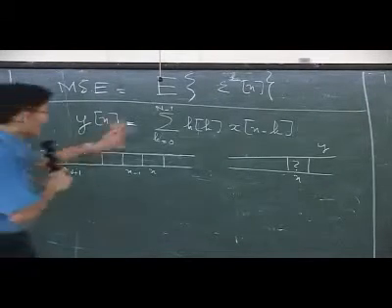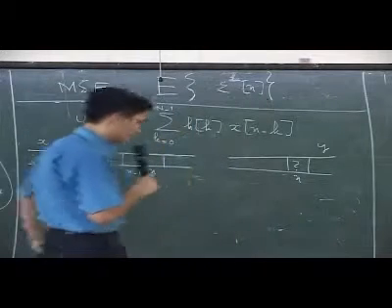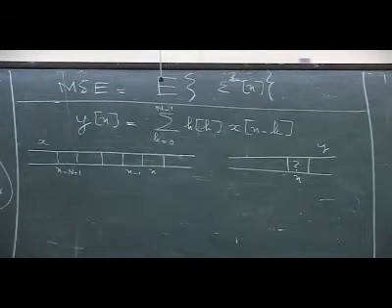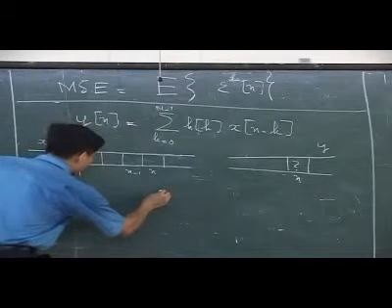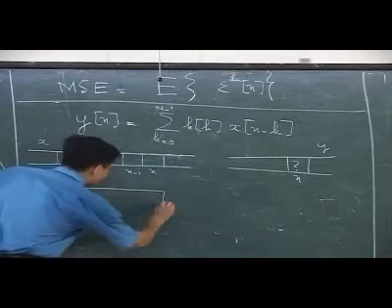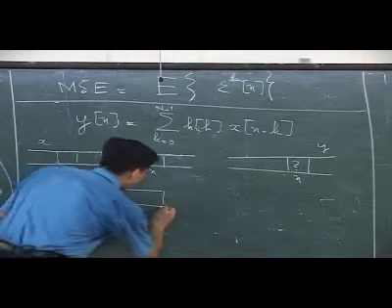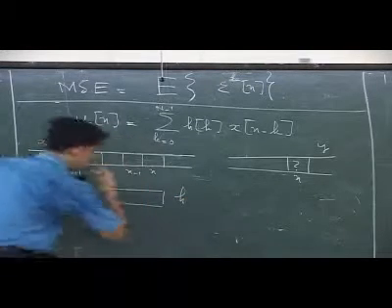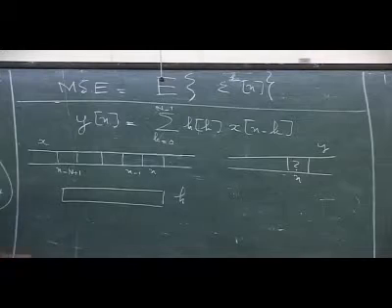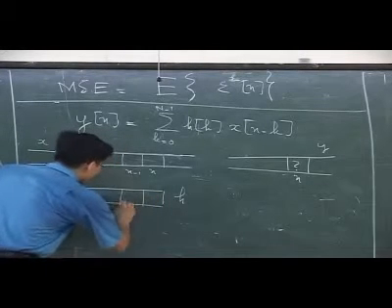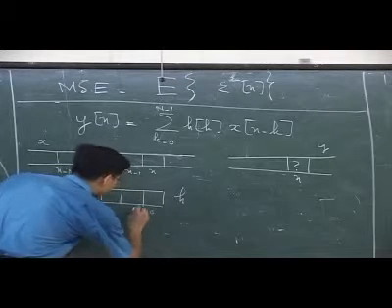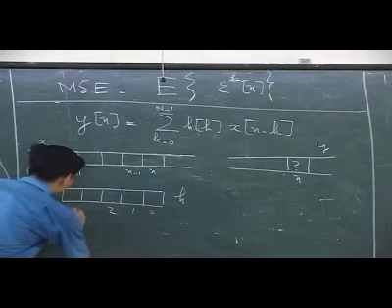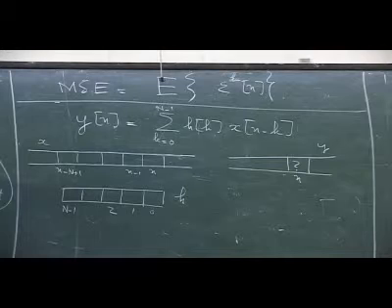So this filtering operation, the convolution, is like this: here is the filter H, with coefficients h0, 1, 2, up to n minus 1. This is the concept of convolution.